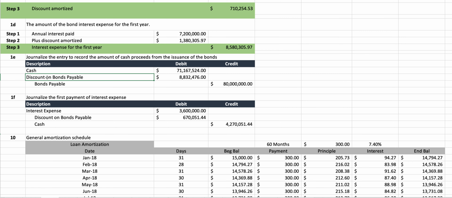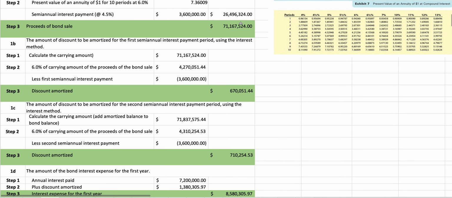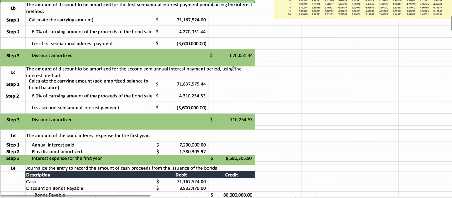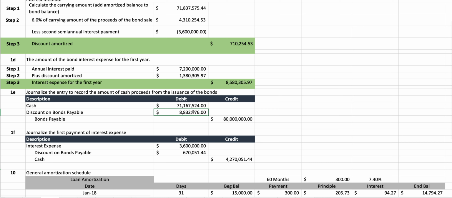And we know that we posted a discount, so that needs to be added to the cash because our face value of the bonds must be 80 million. So I just picked up the cash amount that we calculated up here. That's the 71. And then the discount on the bonds payable is the difference between the two.